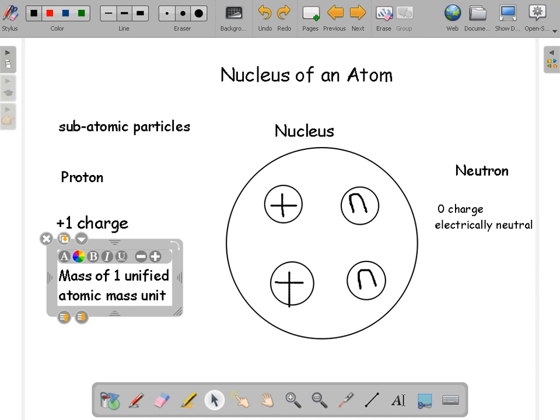This is a mass unit because the mass of an atom is so tiny. It's something like a billionth of a gram. So it's immensely tiny. If you start to measure it using the normal scales and values, it would be immensely hard to do all the calculations on atoms in chemistry.